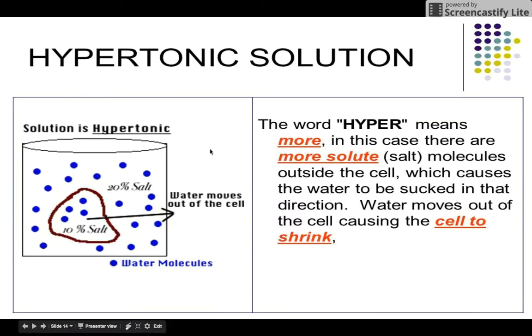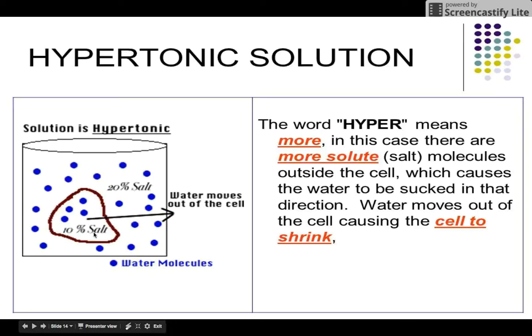Hypertonic. The word hyper means more. In this case, there are more solute or salt molecules on the outside of the cell, which causes the water to be sucked in that direction. Water moves out of the cell, causing the cell to shrink. Look at this illustration.